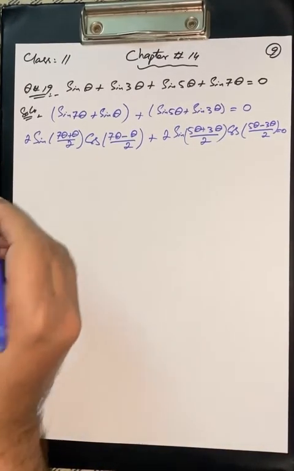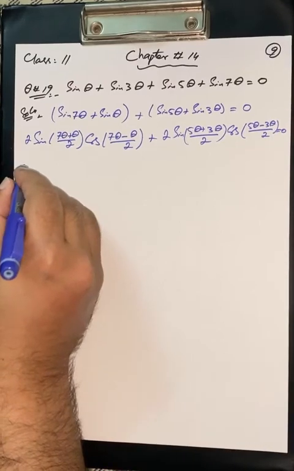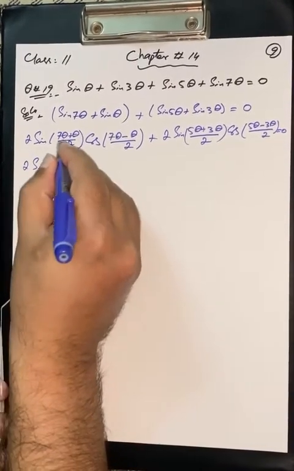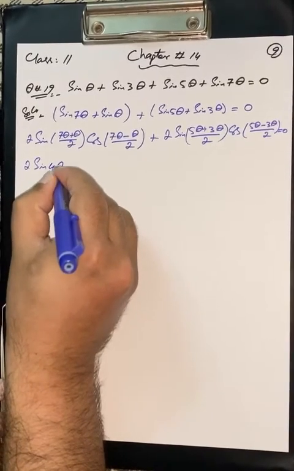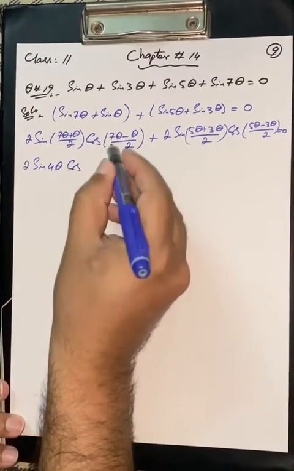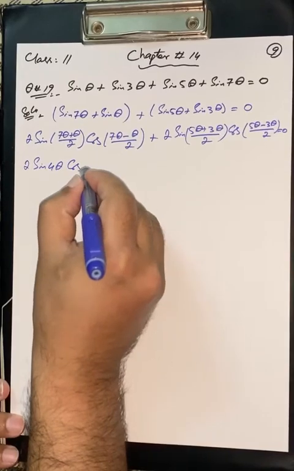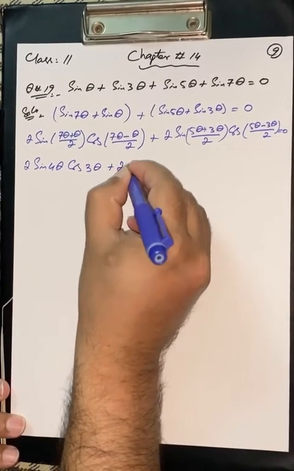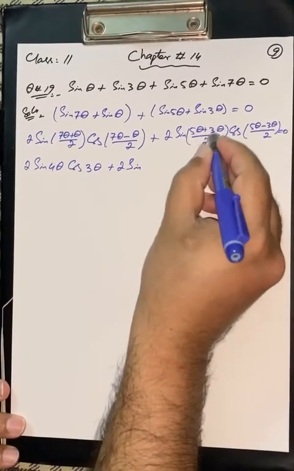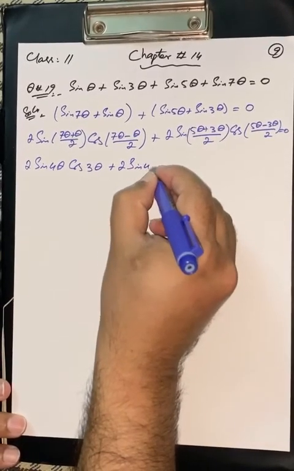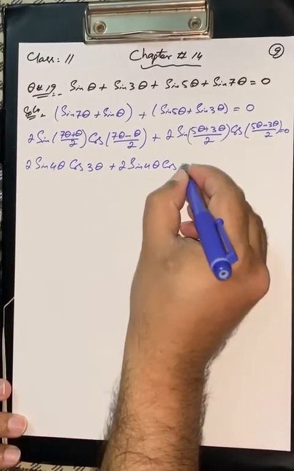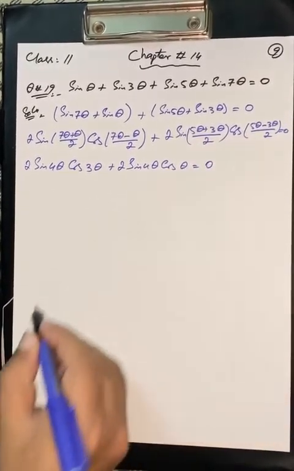So now what we do here: that equals 2 sine (7 plus 1) by 2, which is 4 theta, cos (7 minus 1) by 2, which is 3 theta, plus 2 sine (5 plus 3) by 2, which is 4 theta, cos (5 minus 3) by 2, which is theta, equals 0.